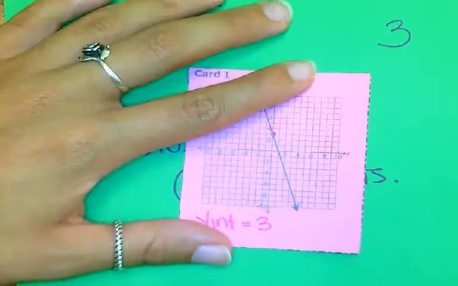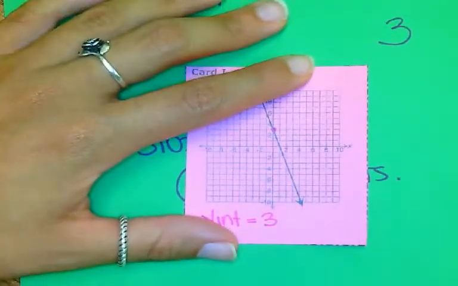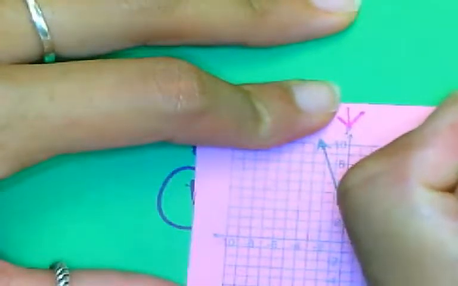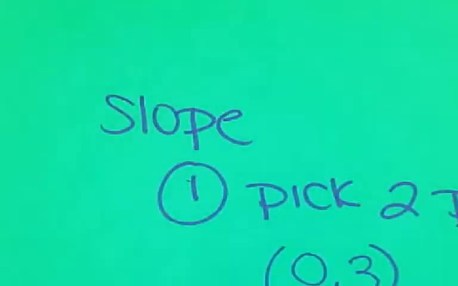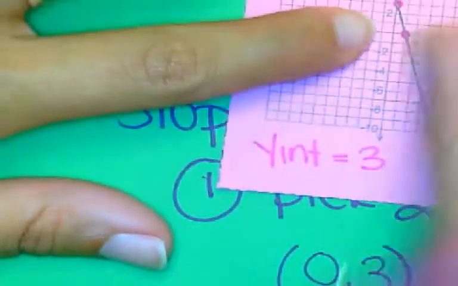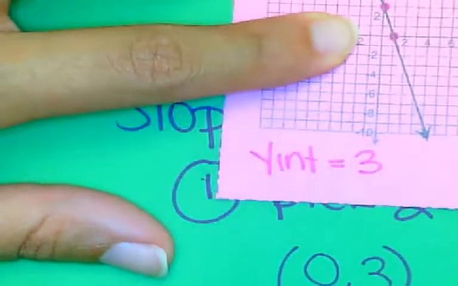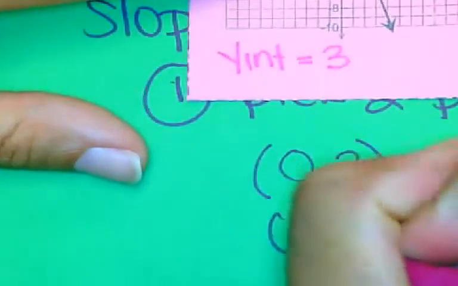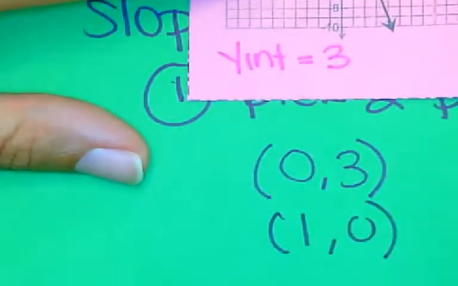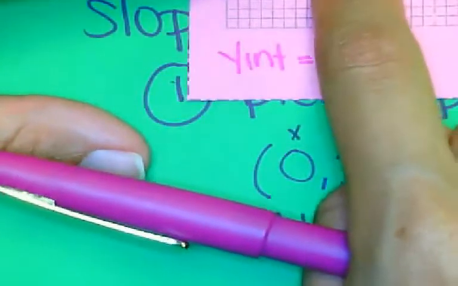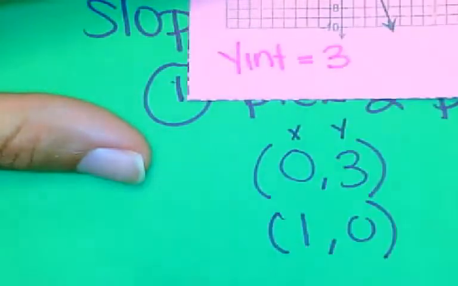Now we pick a second point, like a good point. So I'm going to pick this point right here. All right, and so that point right there is (1, 0). Okay, remember this is your x's, this is your y's. On the x it goes over to 1, and on the y it's on 0.